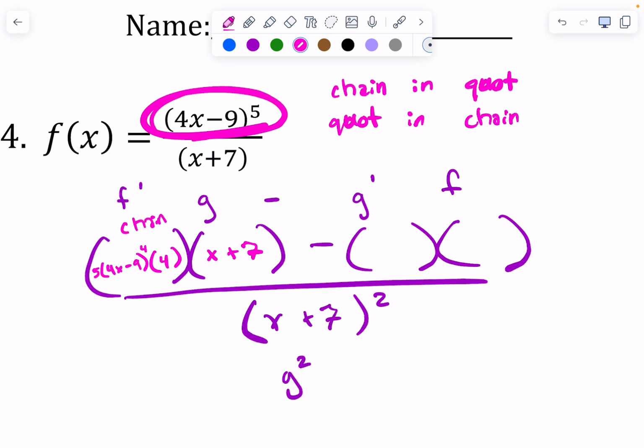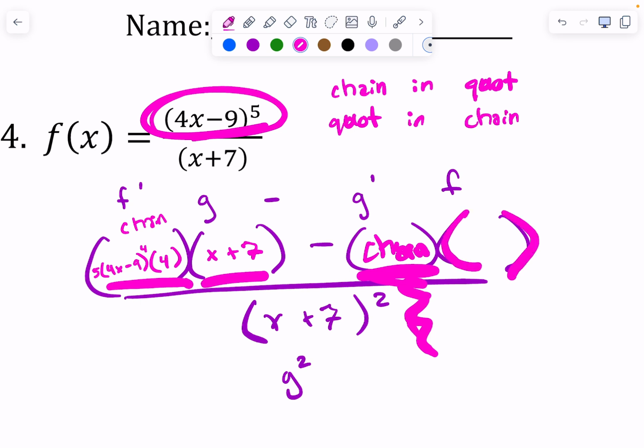There will come times, just like in that last problem, where our chain lived here. We did this piece and this piece, and then this was where our chain was. We get so involved with doing our chain because it takes a little more work than the others. I get my chain done and then I think I'm done. If I don't have this parenthesis here, 90% of the time you'll forget to put the f back in.